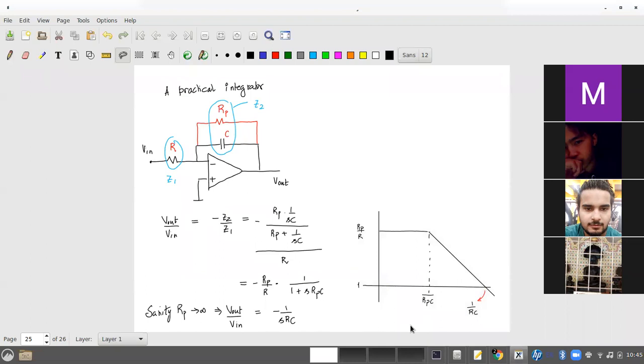1 upon RCs plus 1. No, that's not an ideal integrator. An ideal integrator is just 1 by s. That's an ideal integrator, right? 1 by s tau.